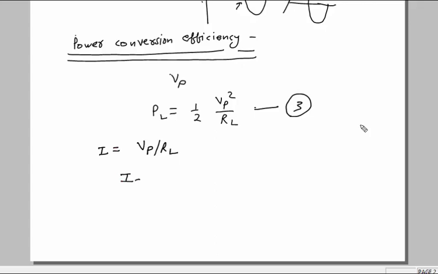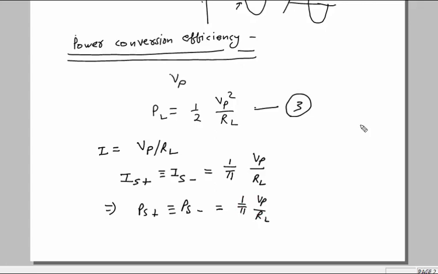So Is from the positive supply will be the same as Is of the negative supply, and we use the formula of a half wave rectifier: 1 by pi Vp by RL. So the power Ps from the positive supply will be the same as the power from the negative supply, and that will be V into I, so I is 1 by pi Vp by RL.